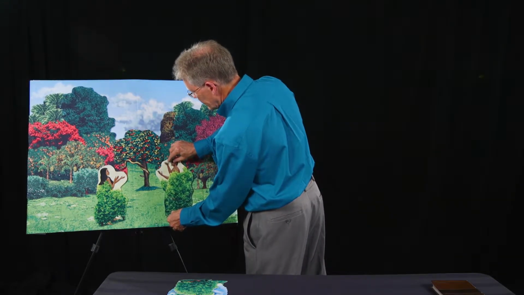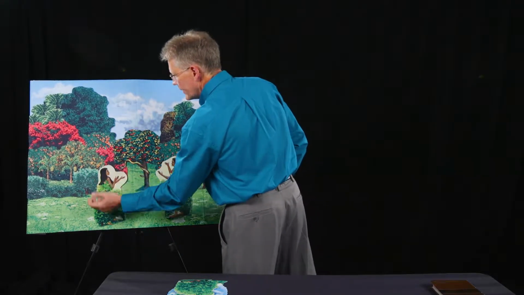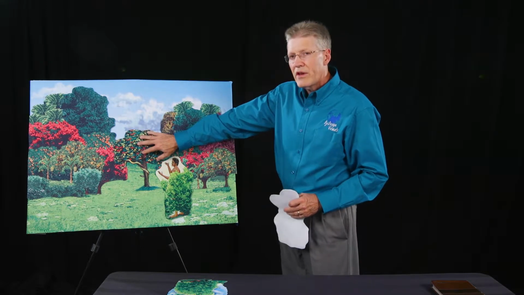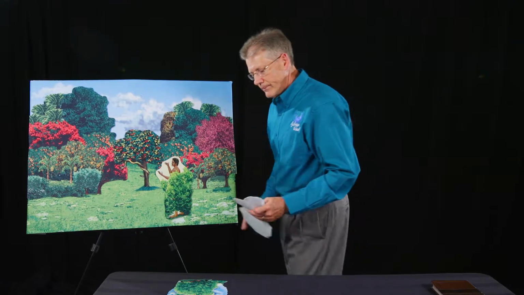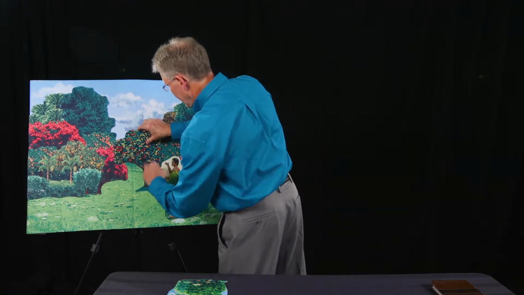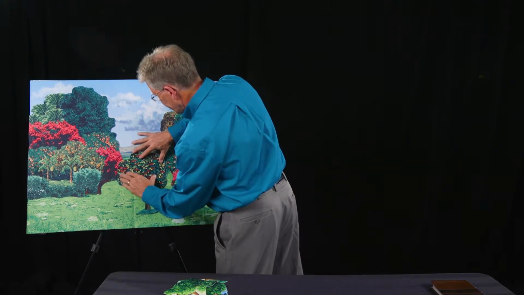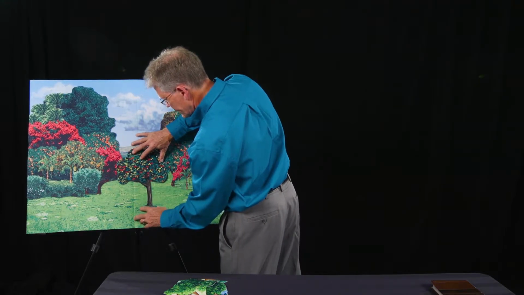Practice at home where to put these figures. In this particular story, the placement of the tree of the knowledge of good and evil is very, very critical. What happens if you get this tree too low? If you haven't practiced at home, you say, well, it doesn't really make any difference where this tree goes.